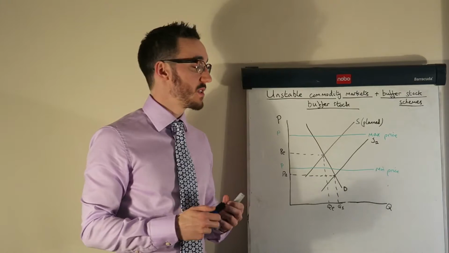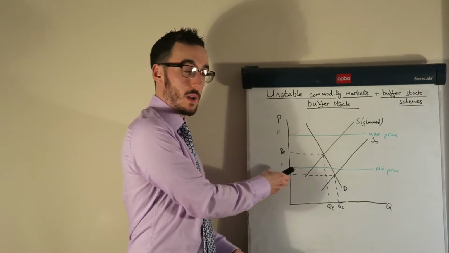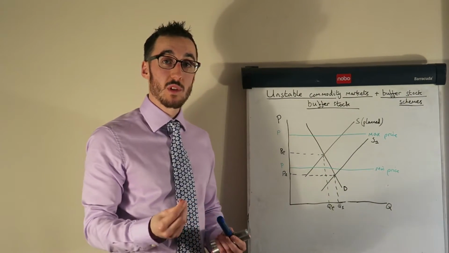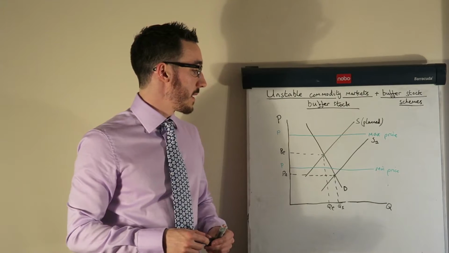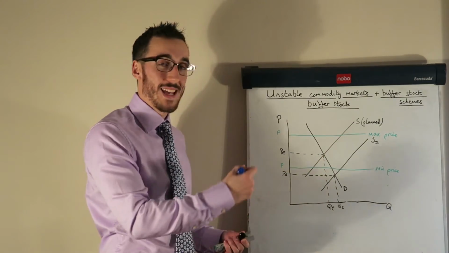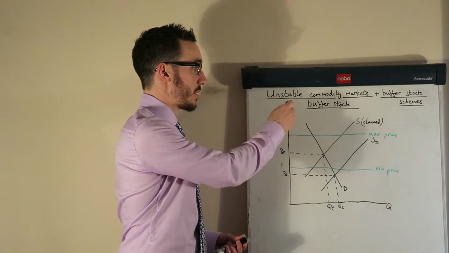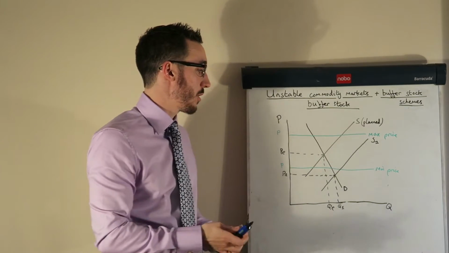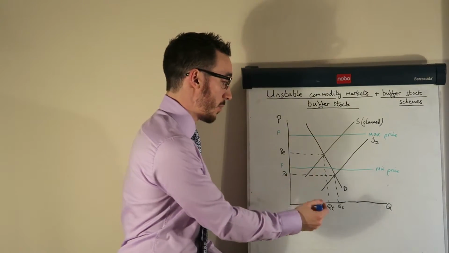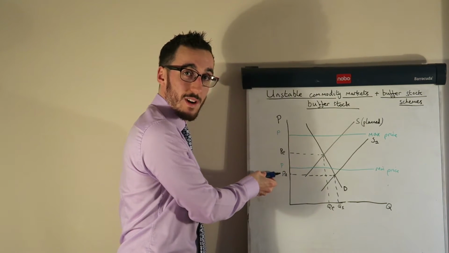So what does the government do then? They have seen that the price has fallen below the minimum price they're happy with. So the government will say, okay, what we will do is we will step into this market as the government and we will intervene. Remember, we're looking at government intervention to reduce the unstable commodity market problem. So the government will step in and say, right, okay, well, this is the price we're happy with here, and this is the price we're at the moment.